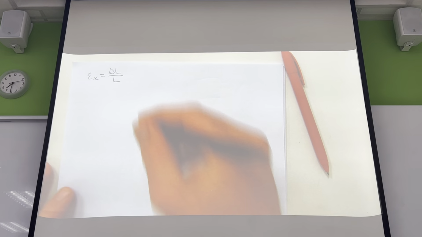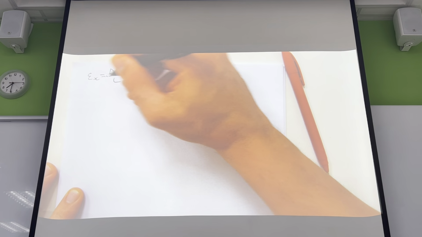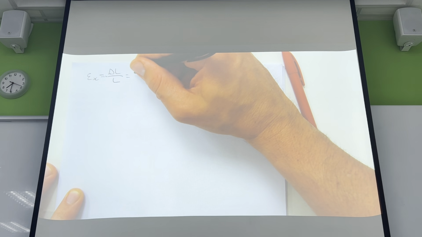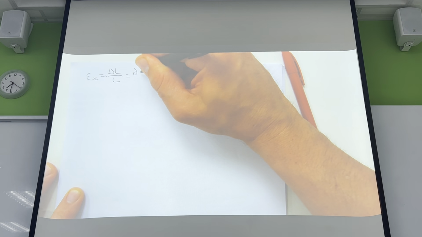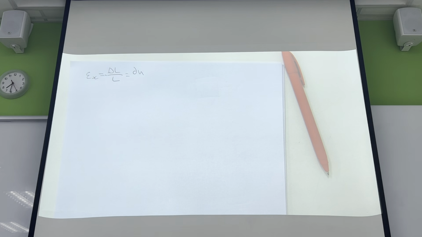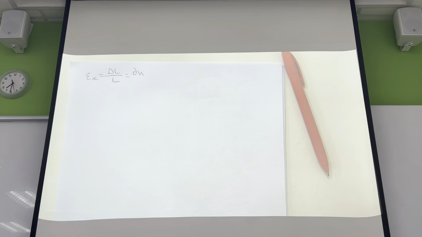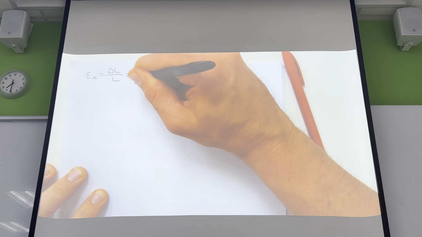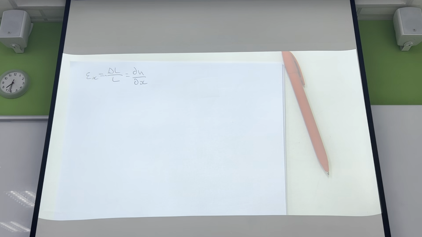But that's just an approximate definition. The actual definition is the derivative of displacement in the X direction, which we say is U, because remember we had U dW. U was the displacement in the X direction, divided by, so how quickly does the displacement in the X direction change as I move in the X direction?